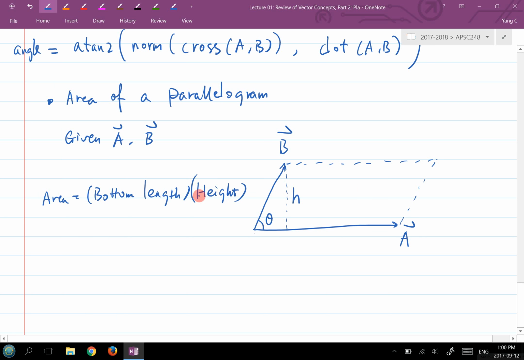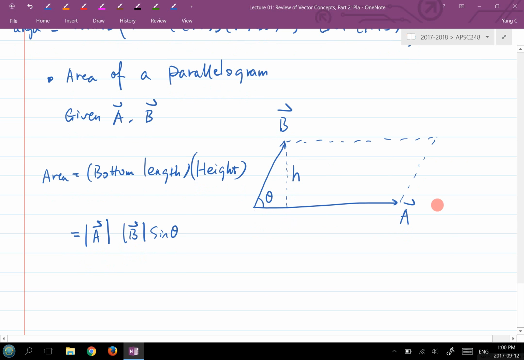Now let's look at what the bottom length and the height are. The bottom is indicated by the vector A, so all we need is the length of A. And the height is the projection of B in the direction perpendicular to A. Since we have the angle theta, I can use the length of B times sine theta. So this quantity is the height.